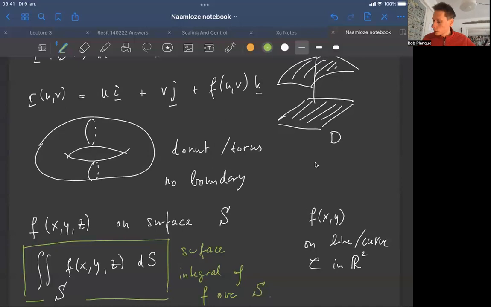What we'll do today mostly is to worry about how to make this thing computable. Just as before in the line integral cases where we had this dr line element, here we have this surface element dS. That is the thing that we have to think about most.